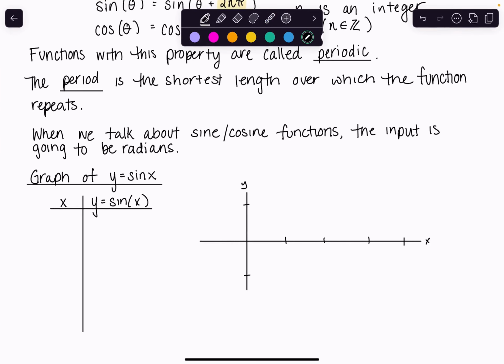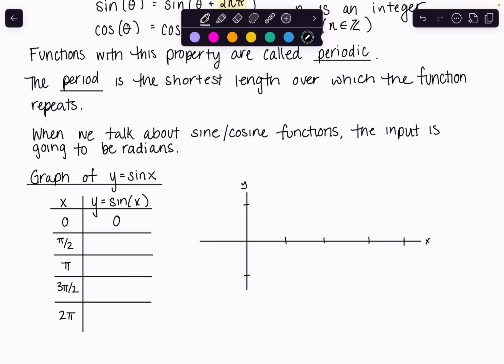So instead I'm going to focus on the quadrants. My first important angle is 0 degrees. Next one is 90, which is pi over 2. Then we've got 180, which is pi. Then 270, which is 3 pi over 2. And then we come back to where we start at 2 pi.